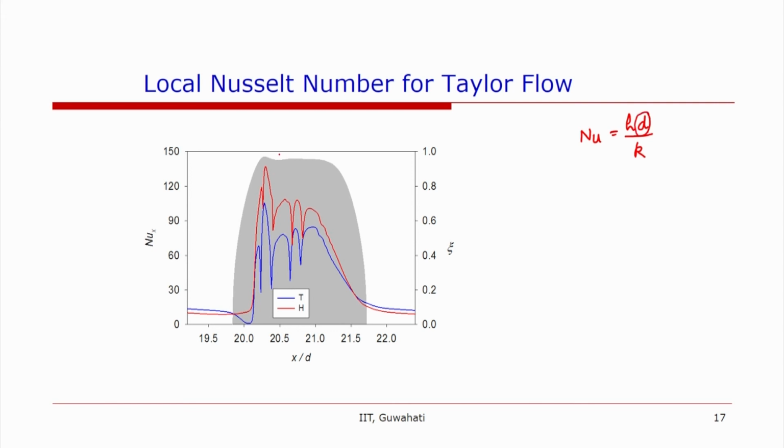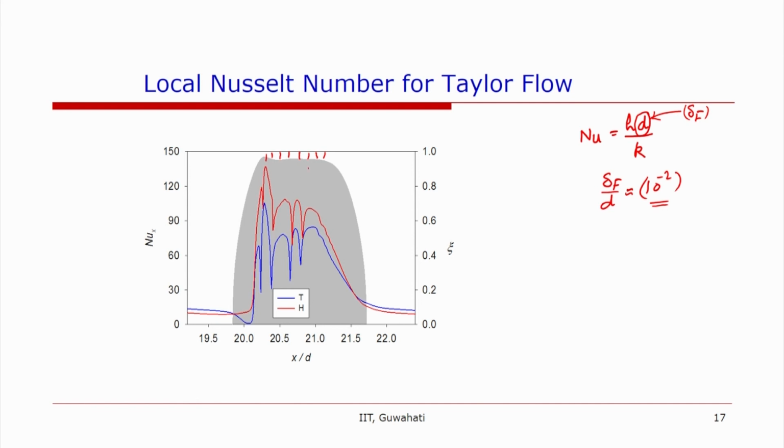However, the heat transfer is because of the film only. So, the actual length scale that should be used here is delta F, and if one takes that into account, this will be very small, because delta F over d is of the order of say 10 to the power minus 2 or smaller.